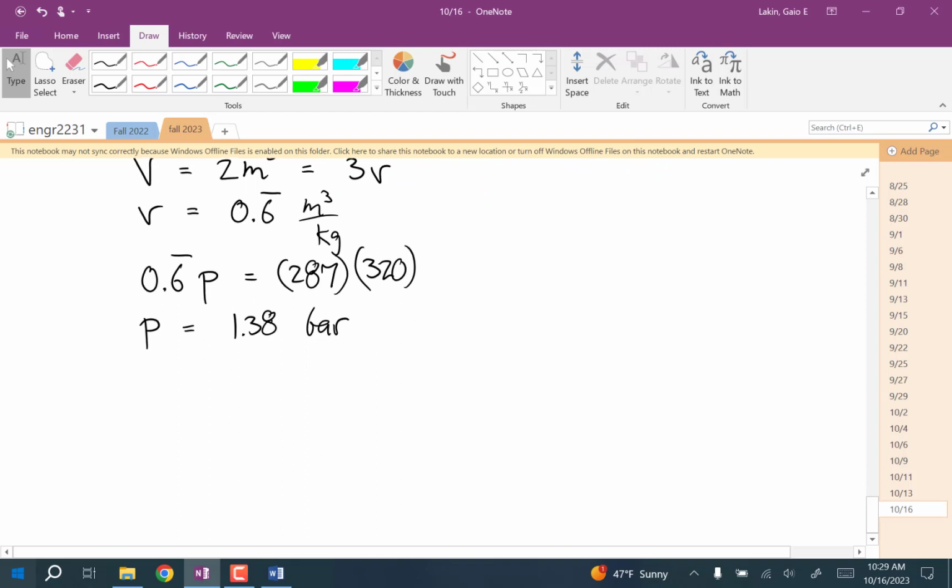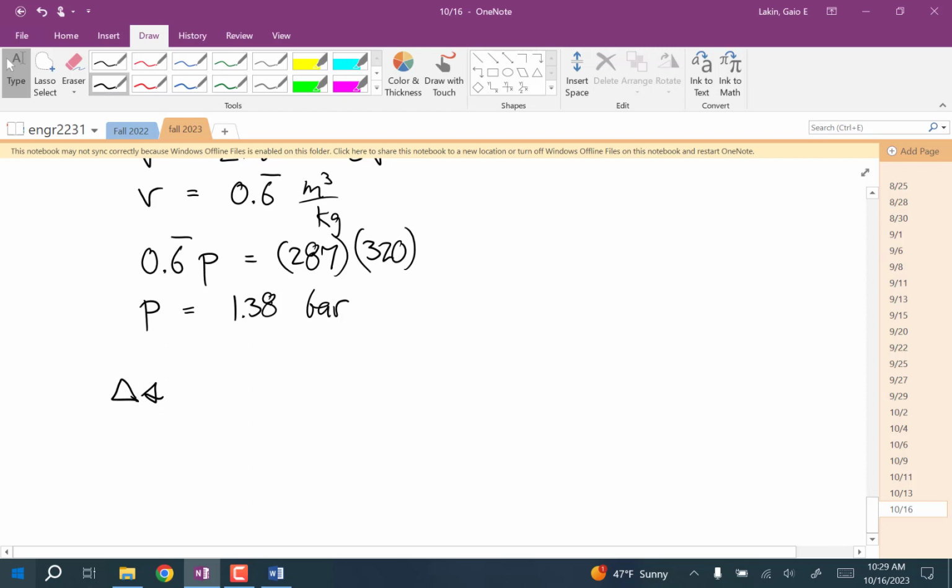And so now we can use the second law expression for the change in specific entropy. The change in specific entropy for the 20 is equal to CV, and we're using 0.72.